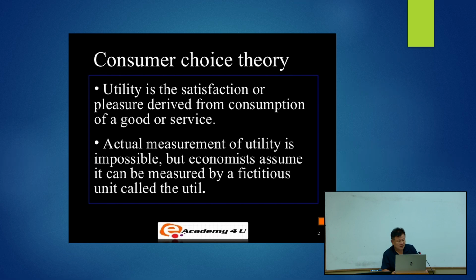So utility is the satisfaction or pleasure derived from the consumption of goods and services. Now we will review utility. Previously I said that understanding consumer theory involves three assumptions. First is utility, second is non-satiation, and third is decreasing marginal utility.